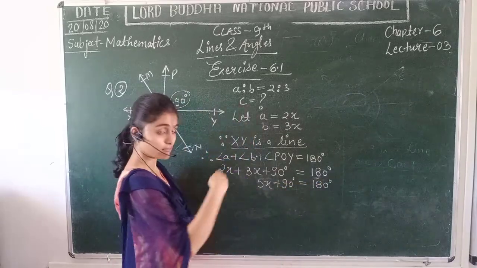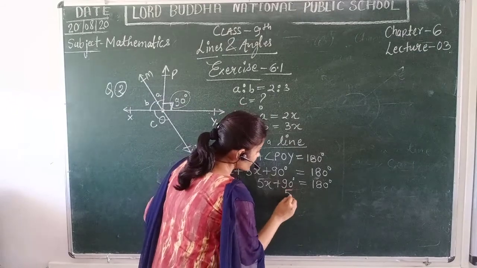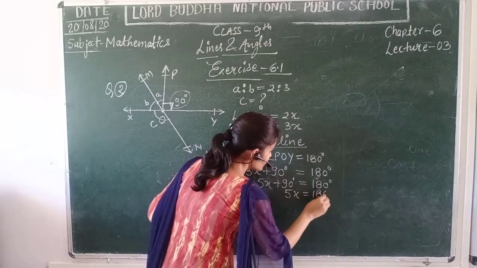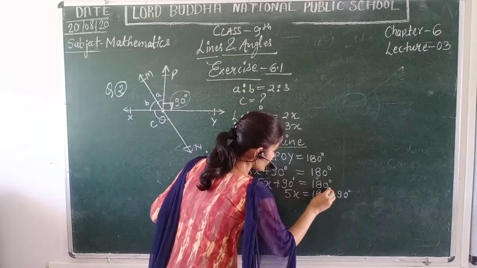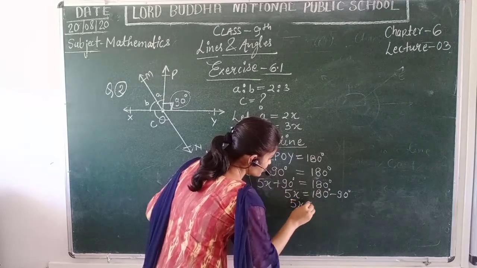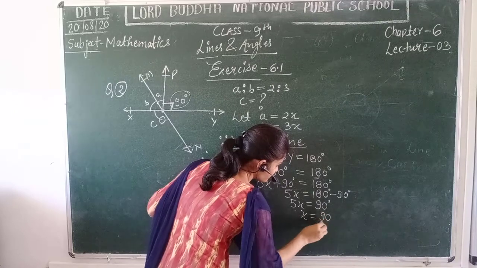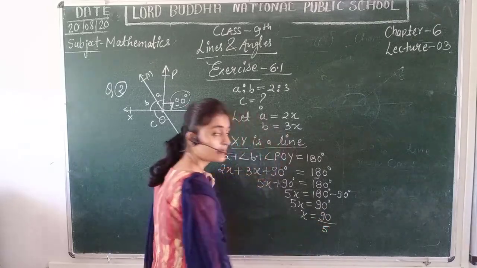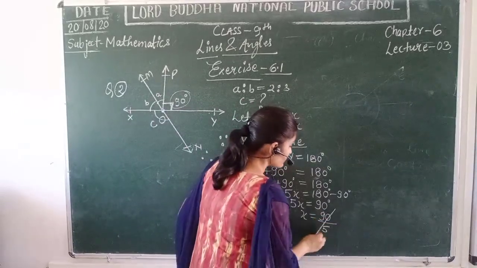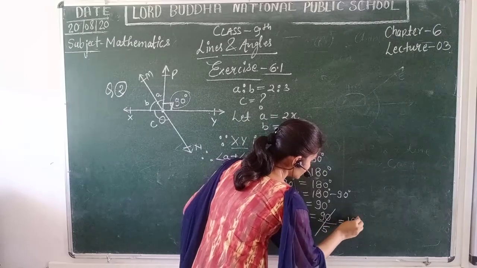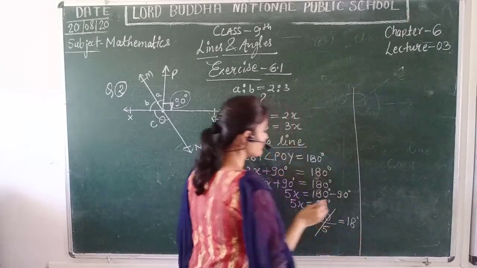Now, 90 will be moved to that side. So 5x equals 180 minus 90, so 5x equals 90 degrees. So x equals what? 90 upon 5, that is equal to 18 degrees. So you have found the value of x.